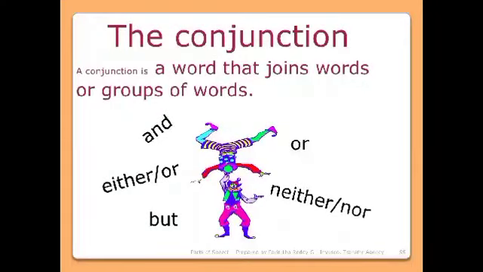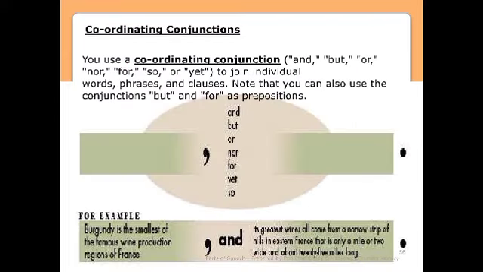The conjunction is a word that joins the words or group of words, like and, but, or, either, nor, neither. These are all conjunctions. You use a coordinating conjunction and, but, or, nor, for, so, yet to join the individual words, verb phrases and clauses.